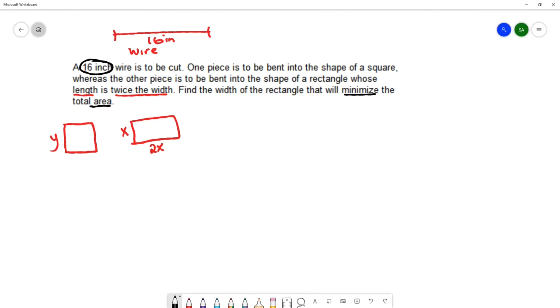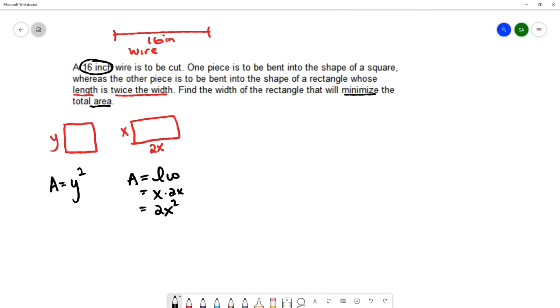So let's represent the area of these two figures. The area of a square will be the side squared, and the area of the rectangle will be length times width. So for this example, it will be x times 2x. So it'll be 2x squared.